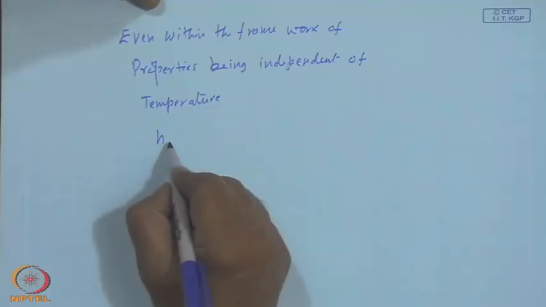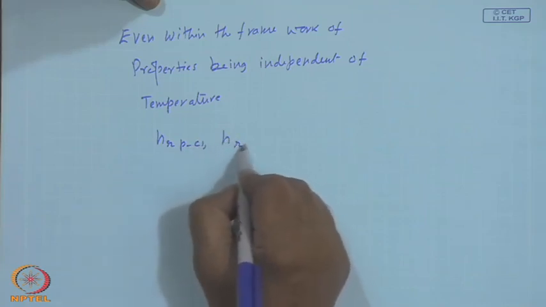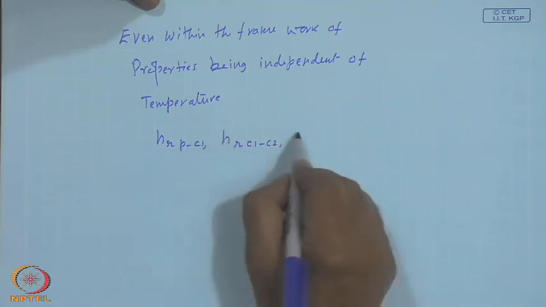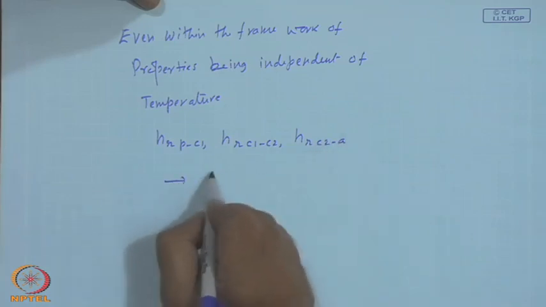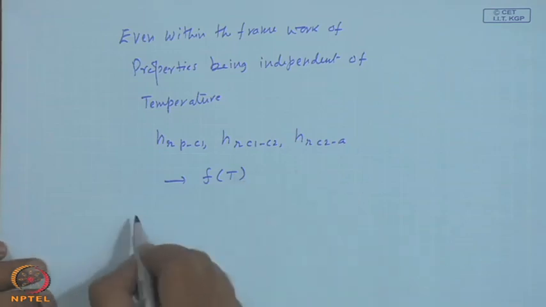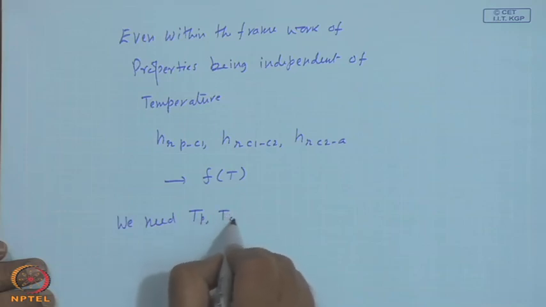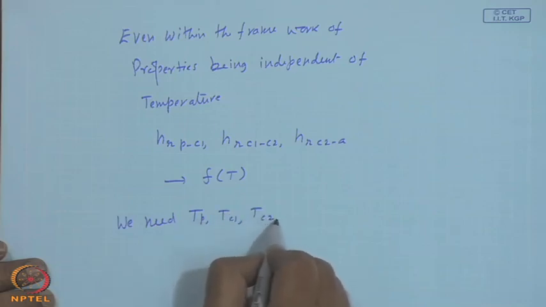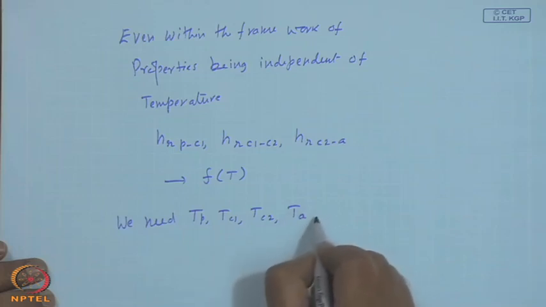But even with all these assumptions, my HR P2C1, HR C1C2 and HR C2A, they are functions of T. In other words, we need Tp, Tc1, Tc2, Ta, and of course, T sky.